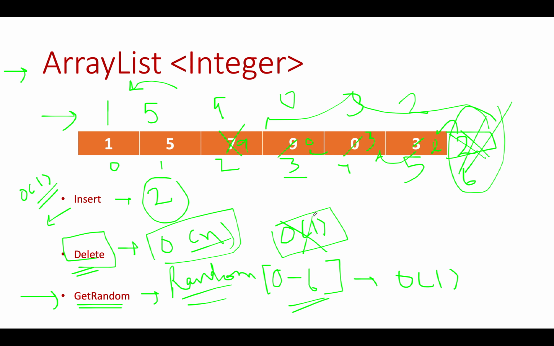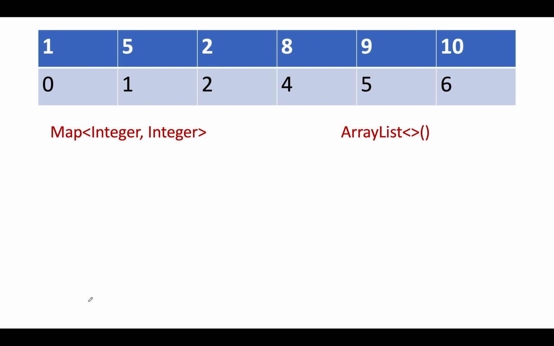How? Let's talk about it. What we are going to do in this solution is create a map, and that map will have two attributes, key and value. The key would be the value getting inserted in my randomized set, and we will store this key in an array list as well.